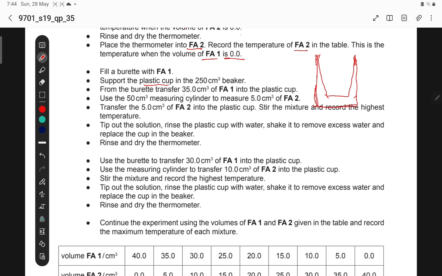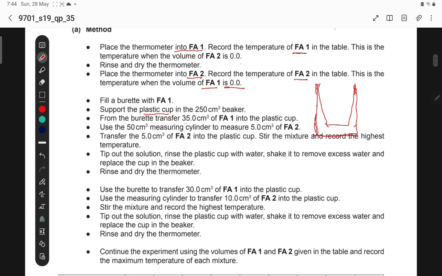From the burette, transfer 35 centimeter cube of FA1 into the plastic cup. This is the burette. In this way, we place the burette and transfer 35 centimeter cube of FA1 into the plastic cup.